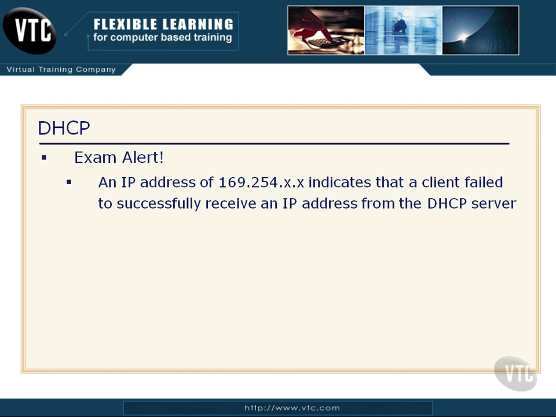If there's a failure for the address configuring for any reason, or if a DHCP server never responds, eventually that client will self-configure in IP version 4, and when it does, it will give itself a 169.254 address. You can pretty much guess that that is not going to be communicating on the network, and as soon as you see that address, you know something has happened. The DHCP server is not functioning correctly.